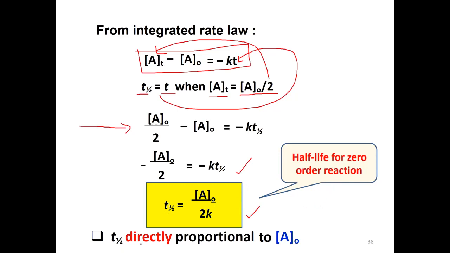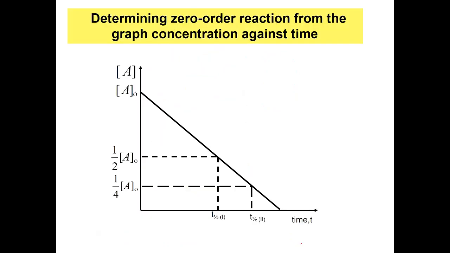So t half is directly proportional to the initial concentration of A. Then after you plot the graph, let's say A naught over t, this one is your t half.